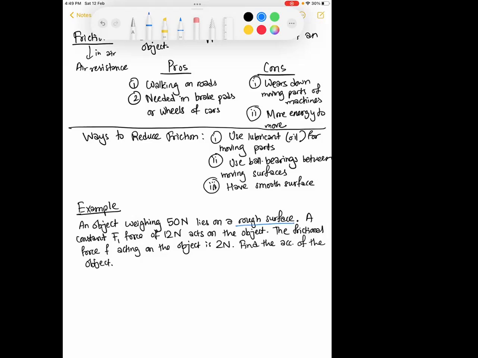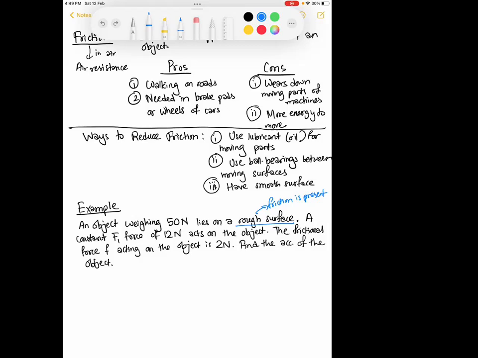It basically means that friction is present. If they say it lies on a smooth surface, that means you can ignore friction. But here you have to take into account the friction. A constant force F1 of 12 Newton acts on the object. The frictional force F acting on the object is 2 Newton. Find the acceleration of the object.